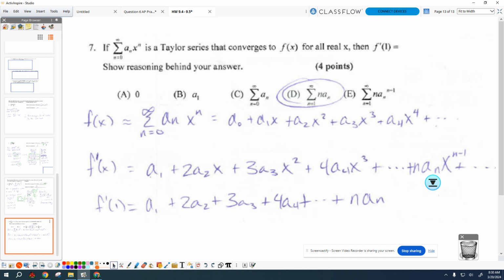Okay, this is one of those multiple choice kind of questions. I would list things out. That's my Taylor series. Find f prime.